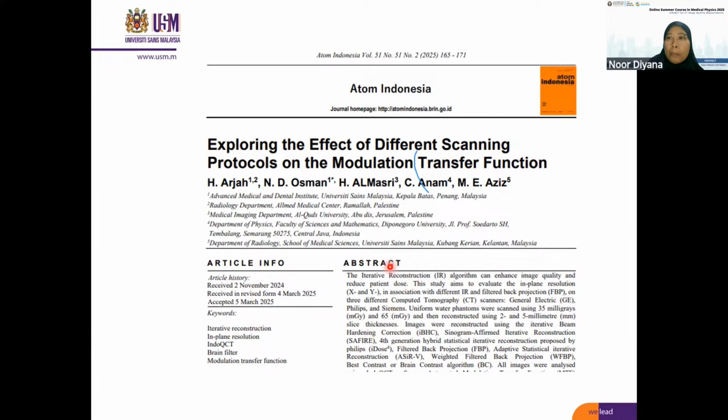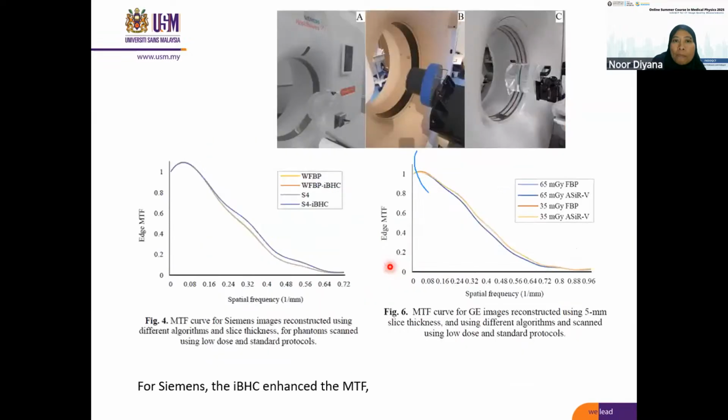So we compare the standard protocol, standard dose CT, and also low dose CT, in combination with iterative. We test different image quality parameters, and one of them is spatial resolution. The data collection was done in Palestine, in the West Bank, because my student is in Palestine.